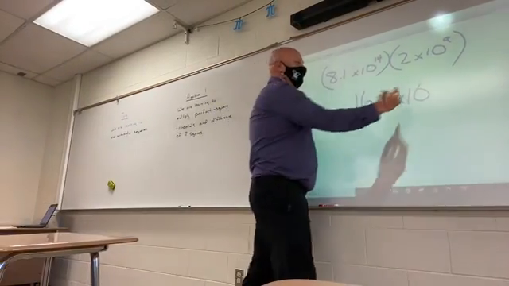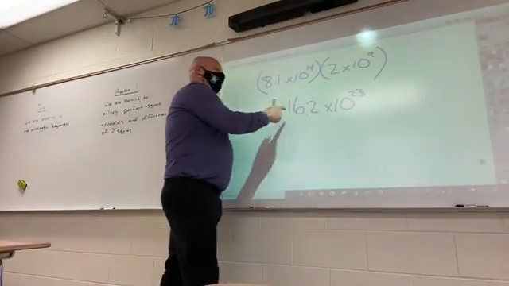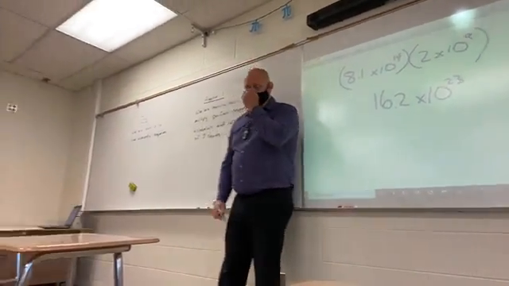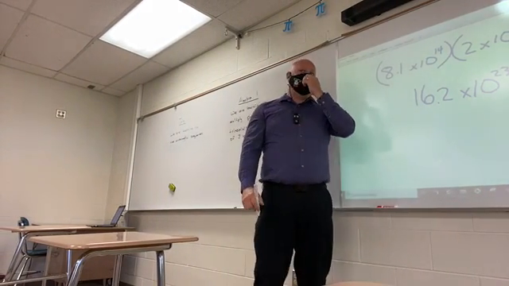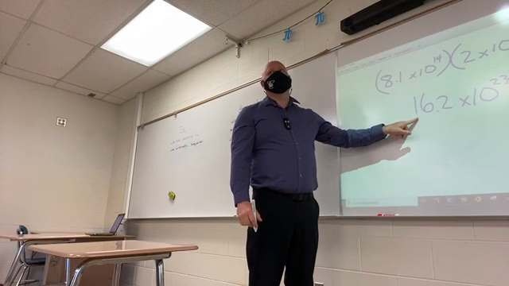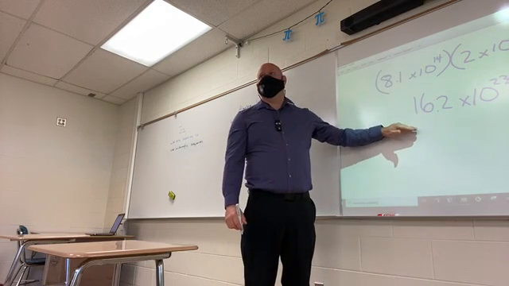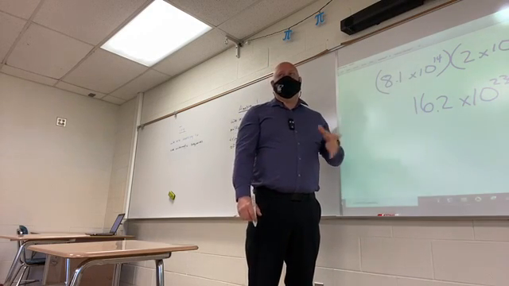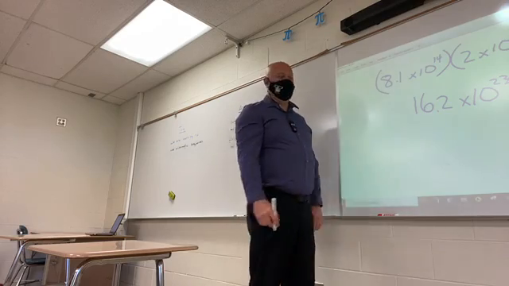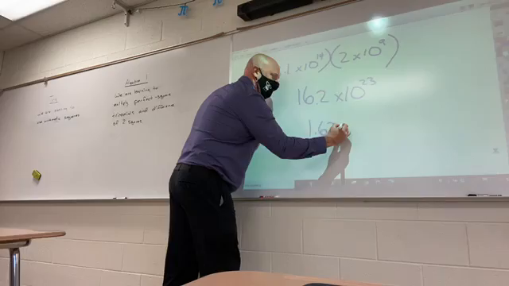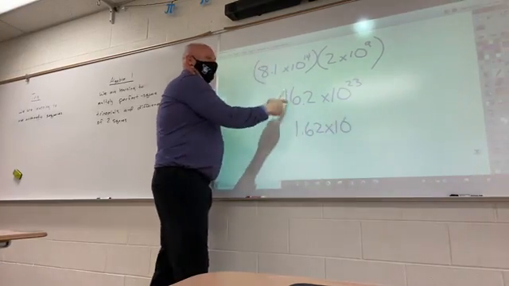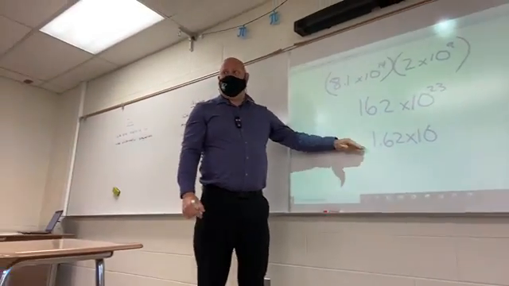Add them. So what is wrong with that answer? The decimal's in the wrong spot, right? If the answer ends up where the decimal's in the wrong spot, you may have to move it. So where should the decimal be? Between the 1 and the 6. So 1.62. Now, we want these two numbers to be the same.